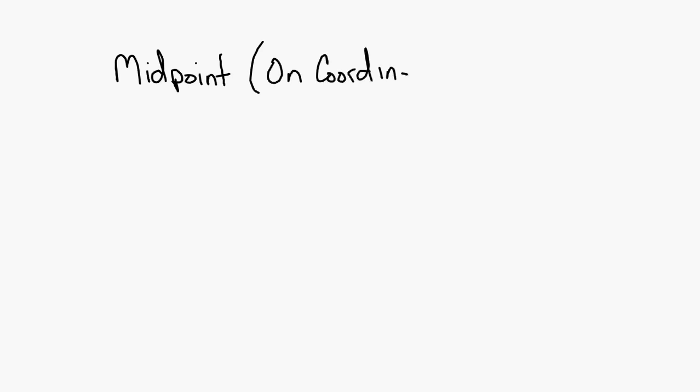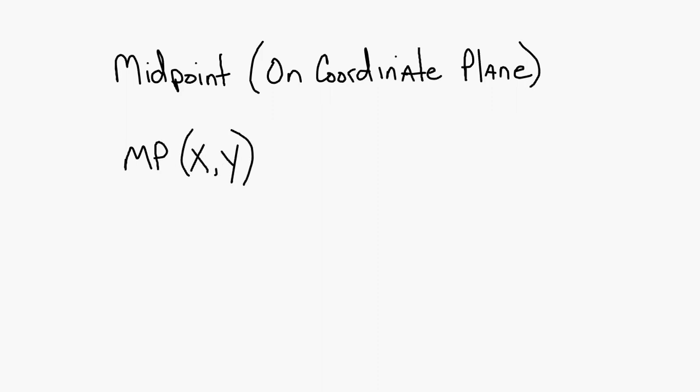Midpoint on the coordinate plane. Okay, so in this case, your x, y values at the midpoint are going to be equal to... All you're doing now is the midpoint formula twice.